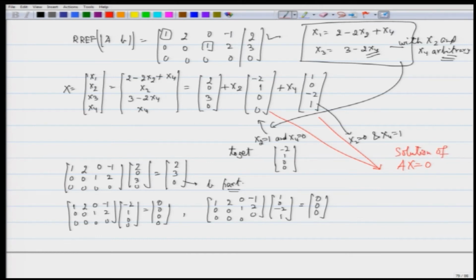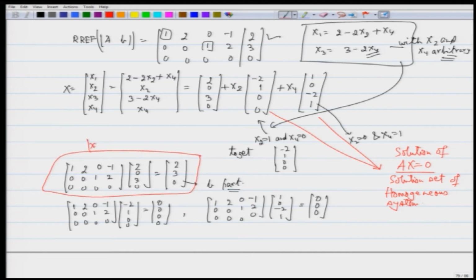So, they correspond to the solution set of the homogeneous system, and this was what is called a particular solution of Ax is equal to B.